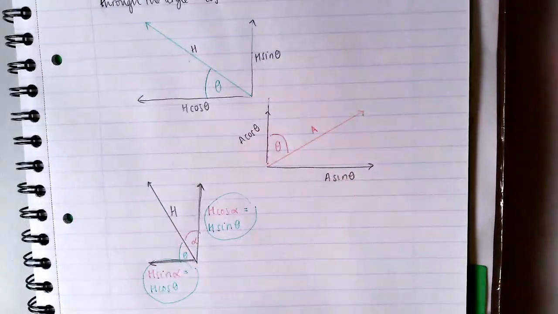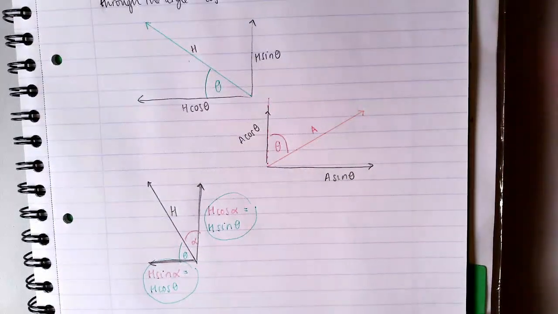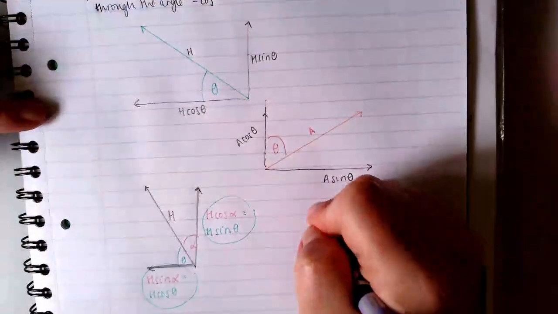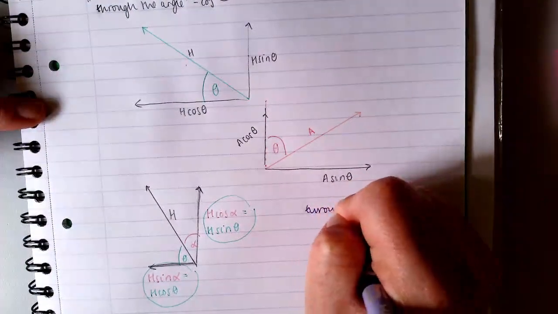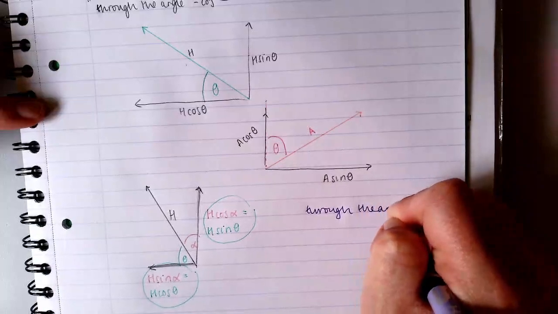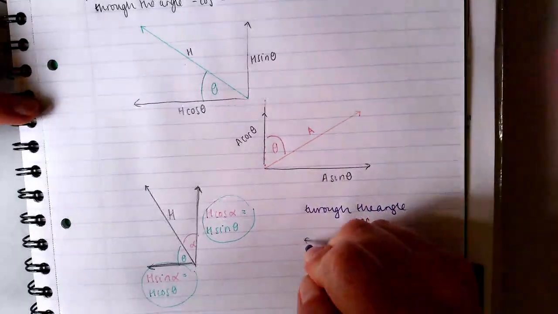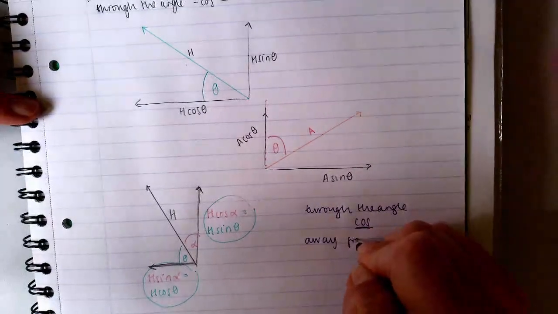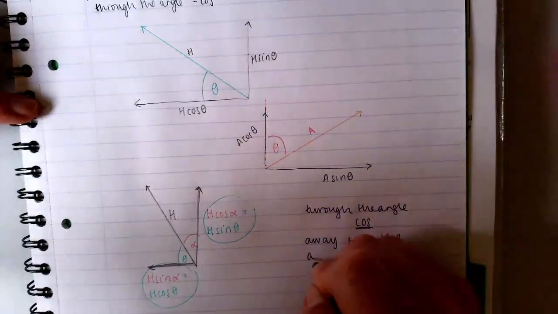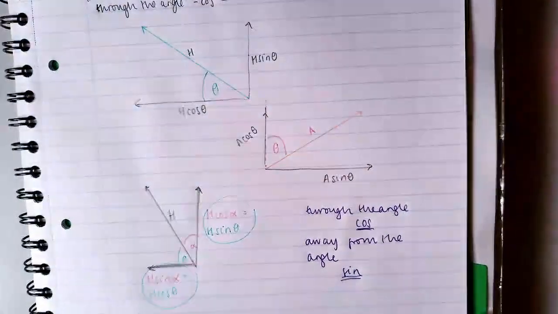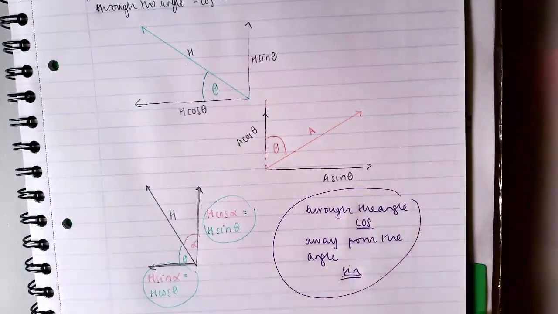You can check it on a calculator if you're not sure, but it's just worth remembering this, that if you go through the angle, use cos. If it's away from the angle, it's sine.